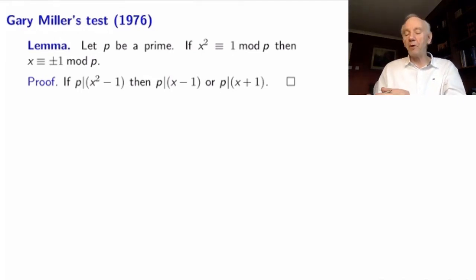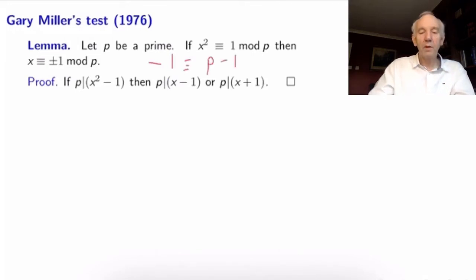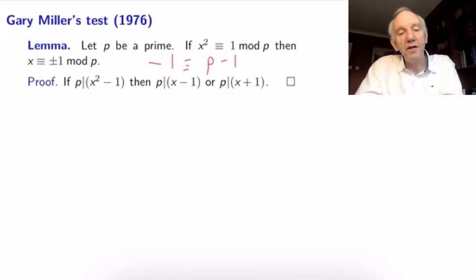Don't forget that when we're working mod p, minus 1 is the same thing as p minus 1. So when I say minus 1, if you prefer to use a positive number, you have to use p minus 1. And the proof of this is almost immediate. I've given it before, I think, in the first week.